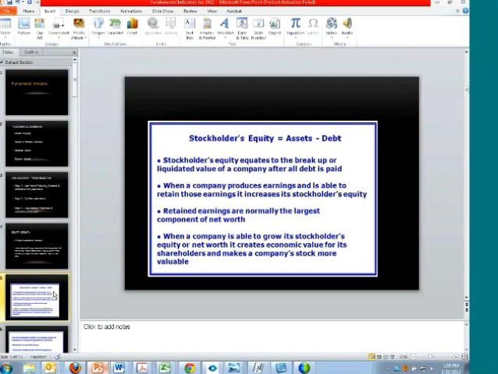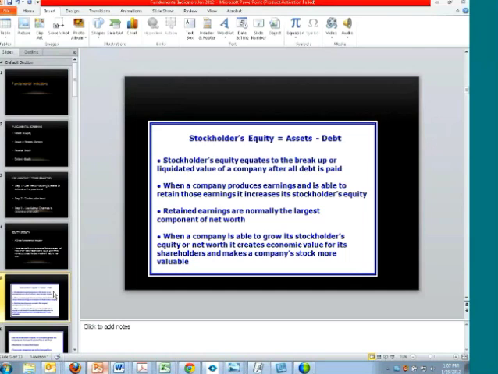And when a company is able to grow that stockholders' equity or net worth, it creates economic value for its shareholders and makes a company's stock more valuable, because when you buy stock, that's what you own. You own stockholders' equity, and you own it in proportion to the number of shares you own in the company.